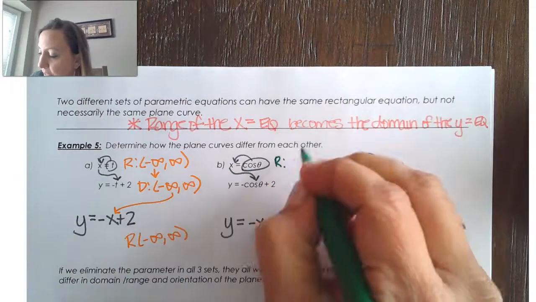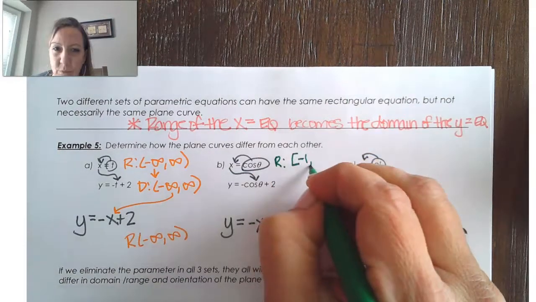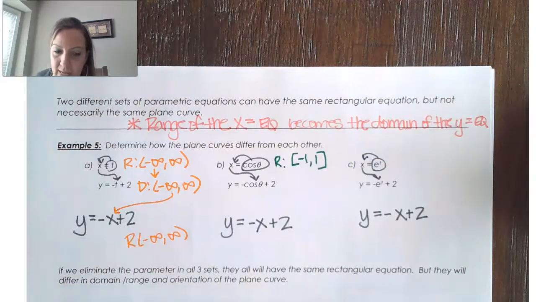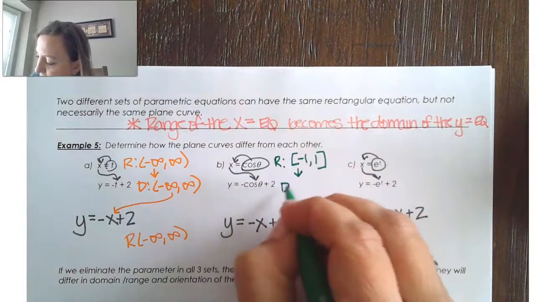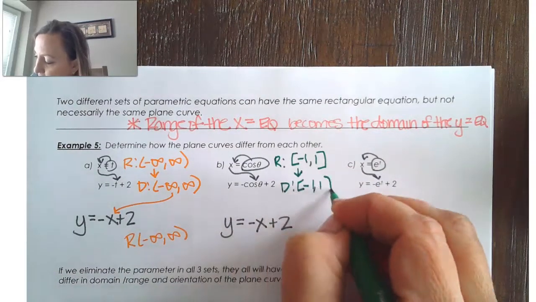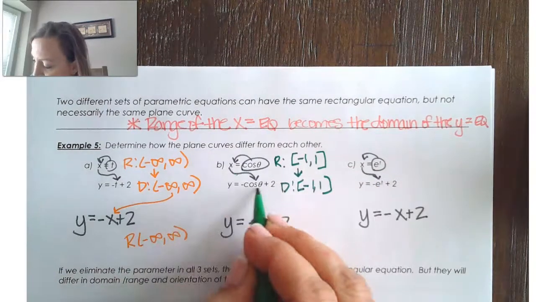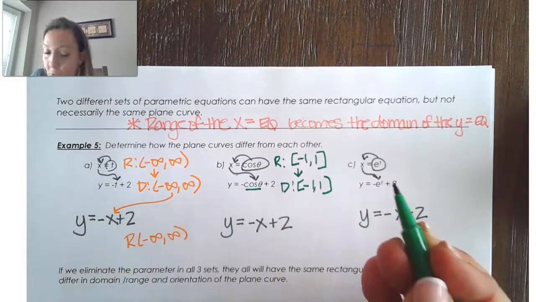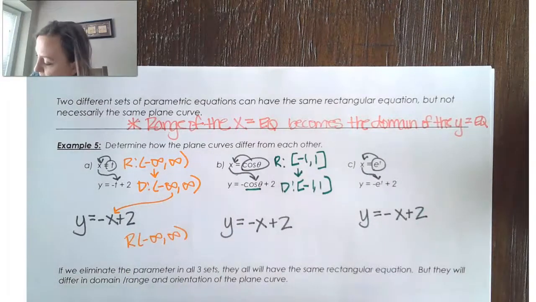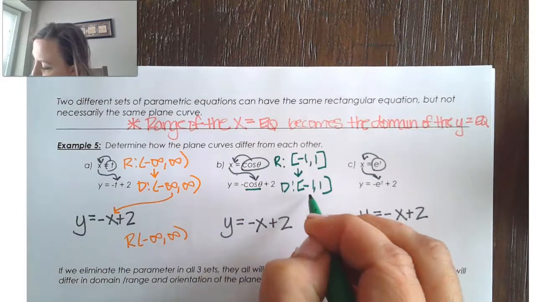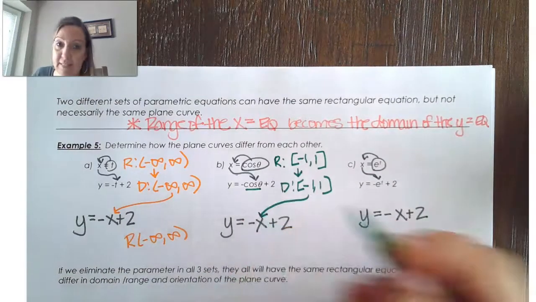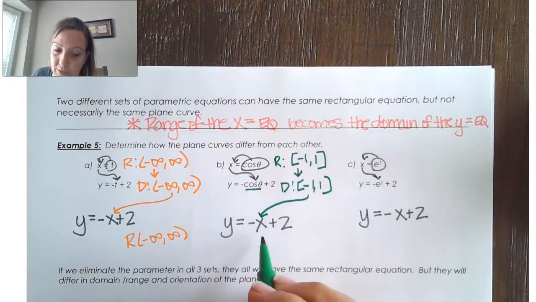So remember that cosine theta only goes from -1 to 1. And so that now means that this is the domain that comes in here. So now that means that this can only be from -1 to 1. And so that means that this part, the x, is now only -1 to 1.